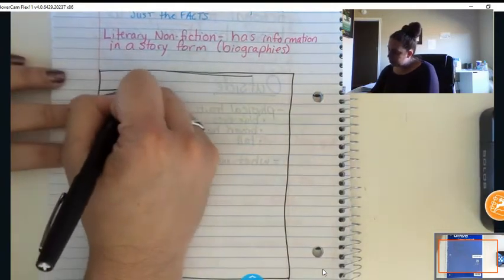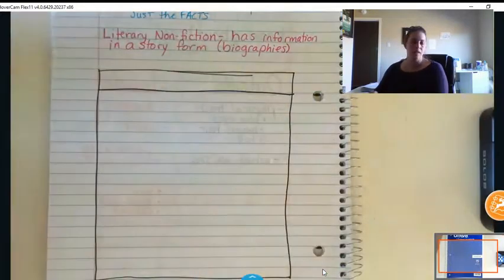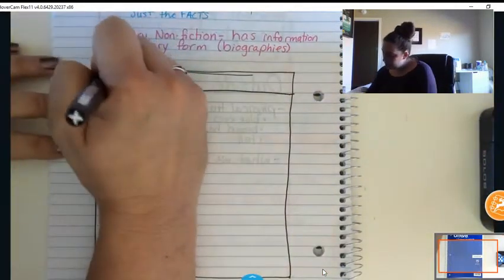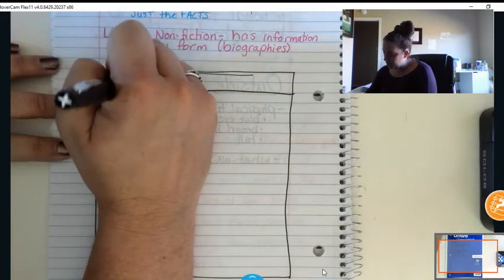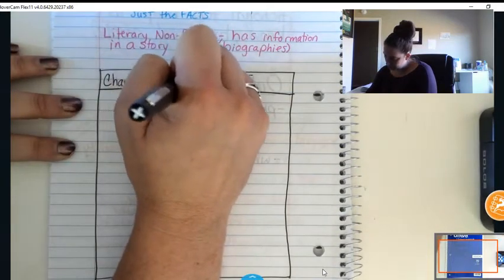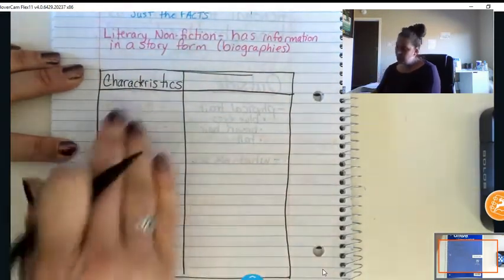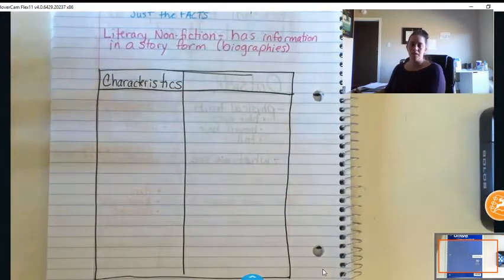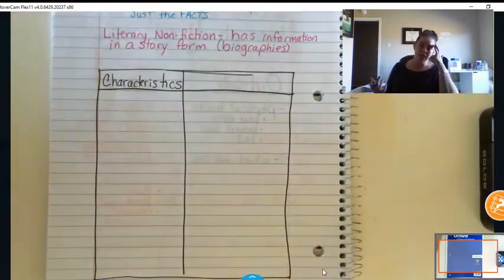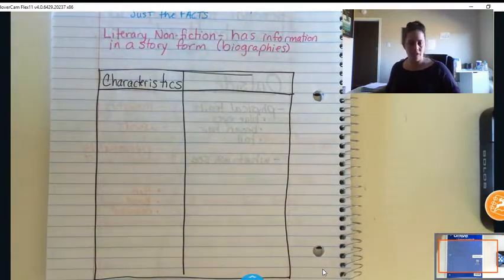I'm going to have about 2 lines worth of space up here at the top. And the first thing I'm going to write down is characteristics. And everything in the first column is going to be a characteristic that I will see in either informational or literary nonfiction.